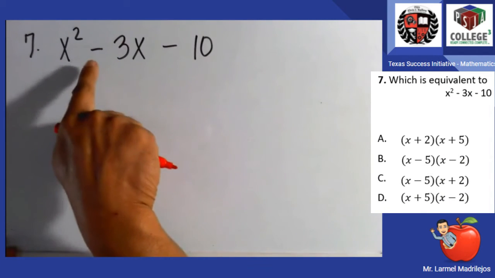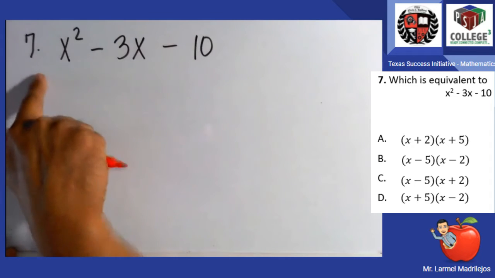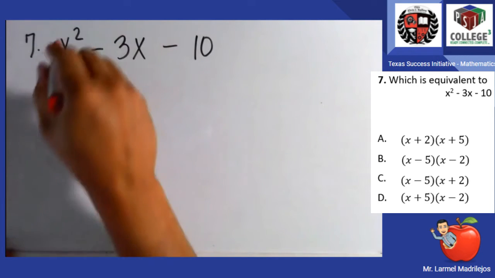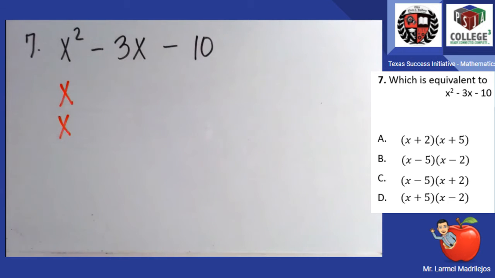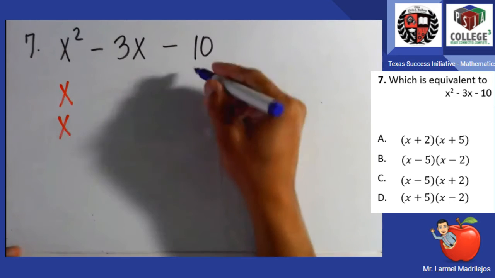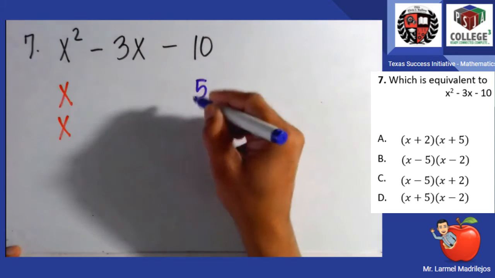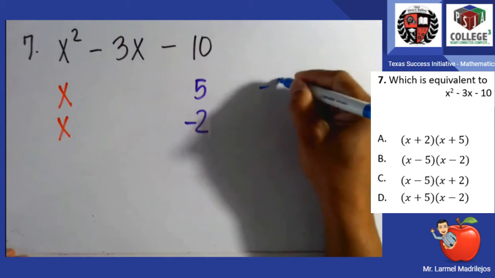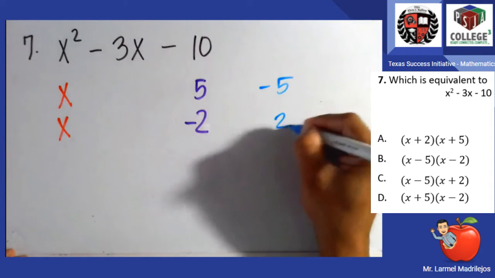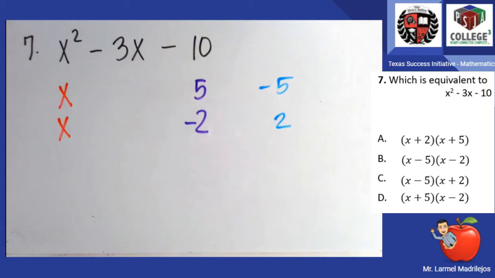This is negative, and this is positive. So if I factor x squared, it's going to be x and x. And if I factor the 10, okay, it's going to be two ways. It can be 5 times negative 2, or negative 5 times 2. Okay, there's two factors there.